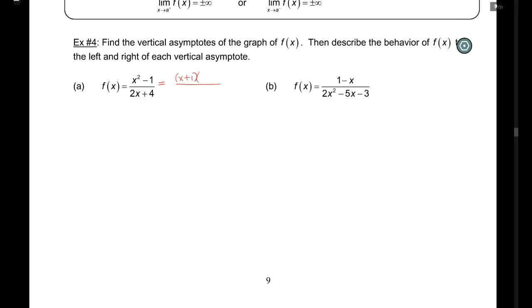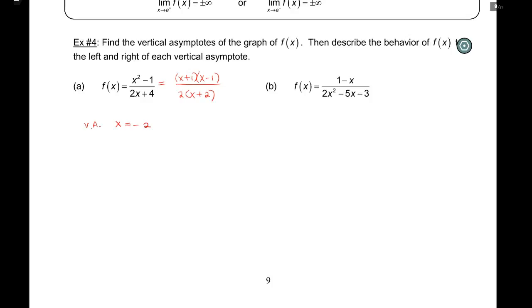The numerator factors too, but it's irrelevant because nothing will cancel. So I have a vertical asymptote at x equals -2.